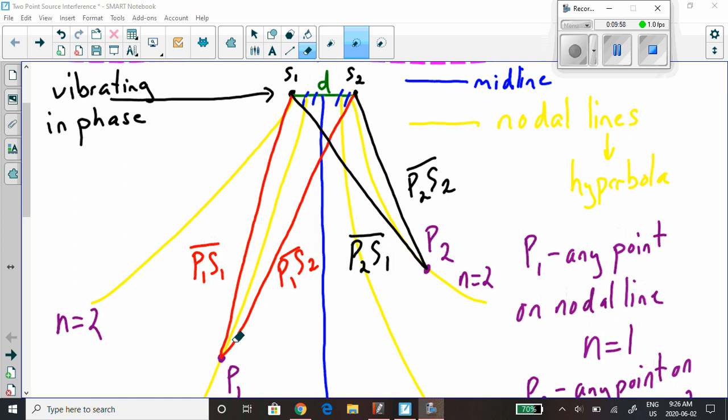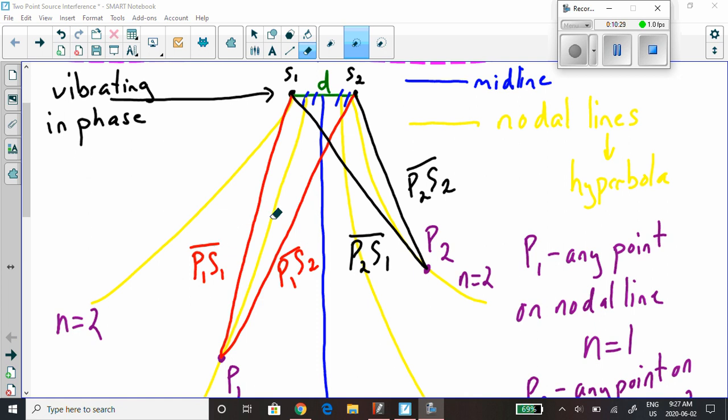Okay, we're back. I hope you realize that the distances P1 S1 and P1 S2 are different. These lengths are different. It literally takes a longer distance for the whole wave to get to P1 from S2 than to get to P1 from S1. So P1 S2 is longer than P1 S1.